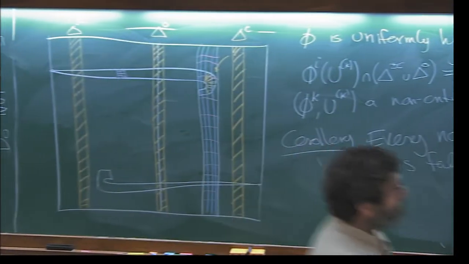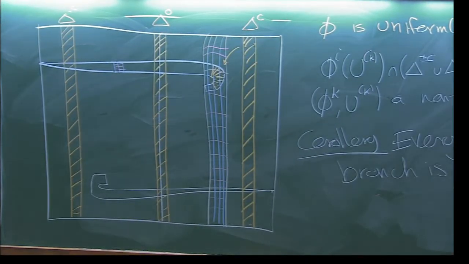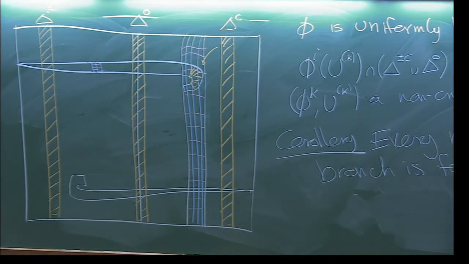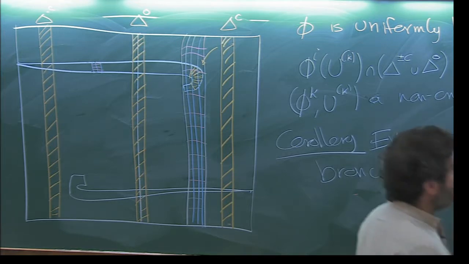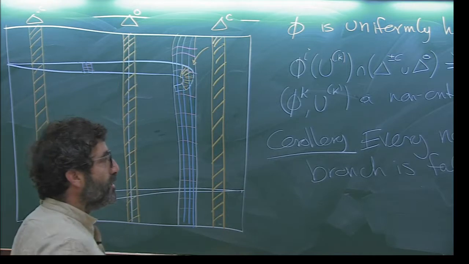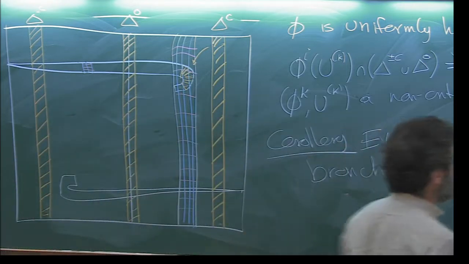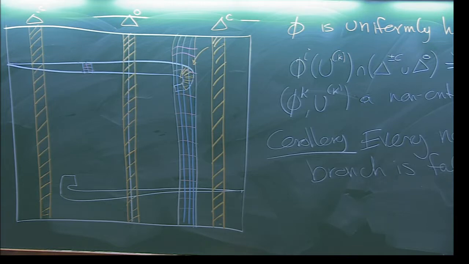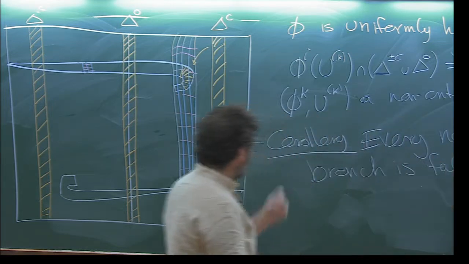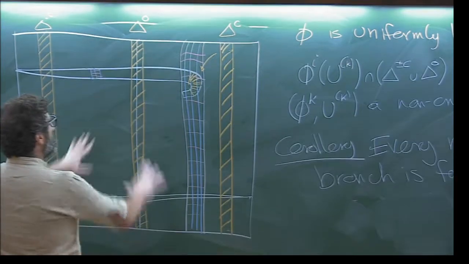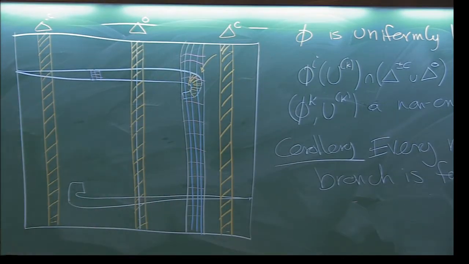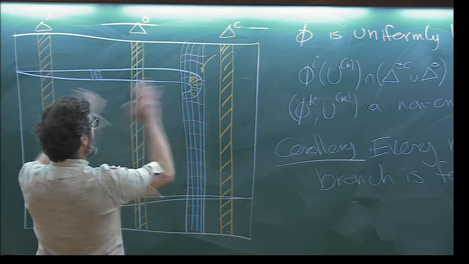I think I will have to stop here, but let me say a few more words. This is the foundation: the main geometric object, these hyperbolic branches, their admissibility and non-admissibility, and the observation that we have divided the phase space of our system into these regions outside delta C where we have uniform hyperbolicity.